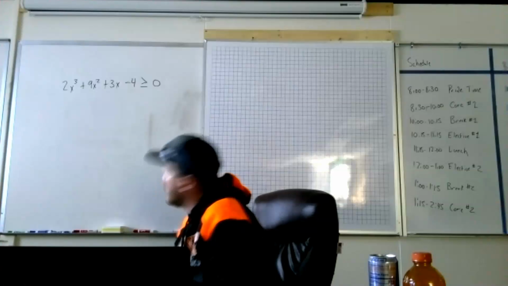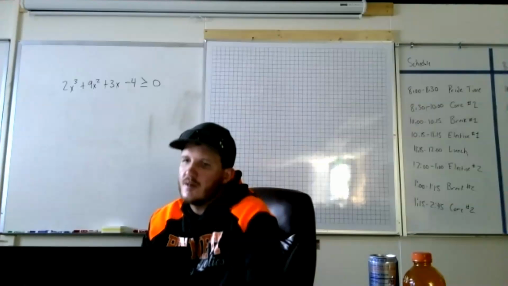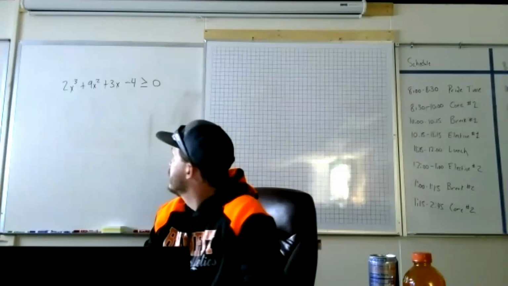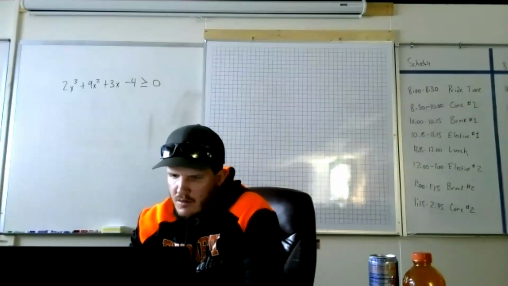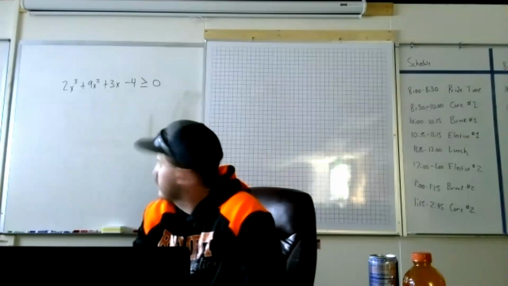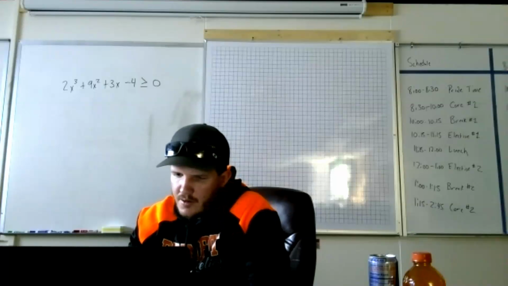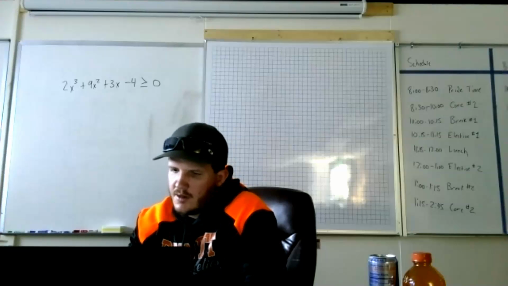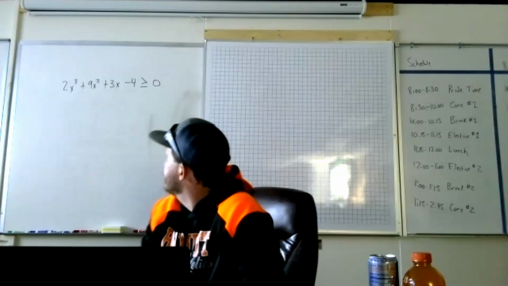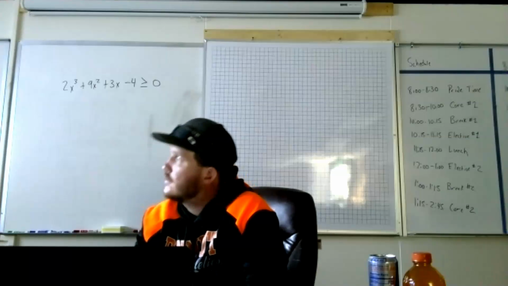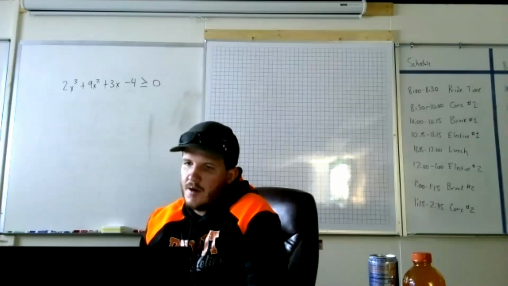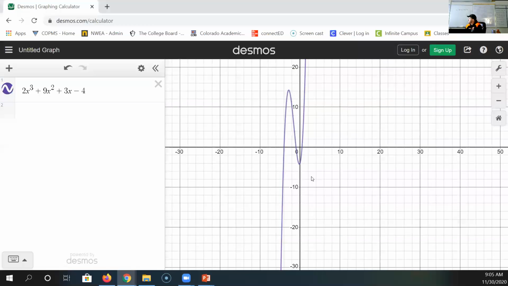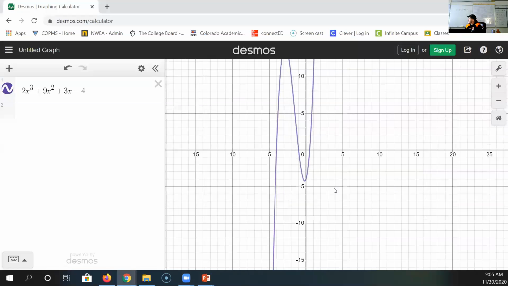But for this one, the most efficient method is to plug it into Desmos. 2x cubed plus 9x squared plus 3x minus 4. Zoom in a little bit so we get a better picture of it.